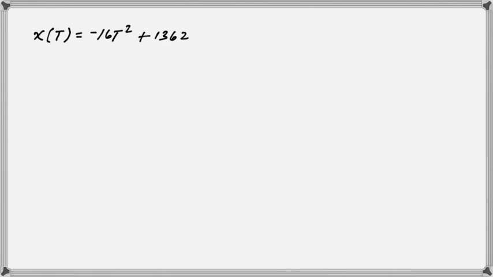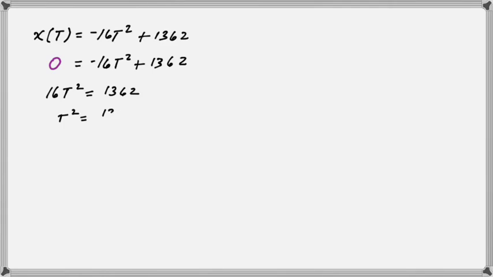And x of t is the height above the ground at time t. I want to know the time it takes to hit the ground. When it hits the ground, the height above the ground is 0. So I would move the 16t squared over, divide by 16, and take the square root.